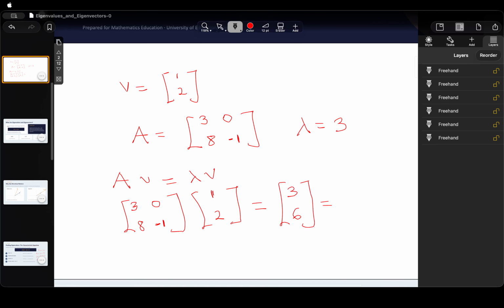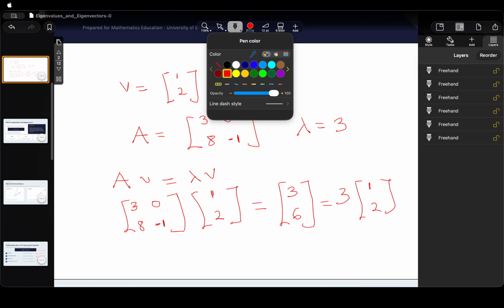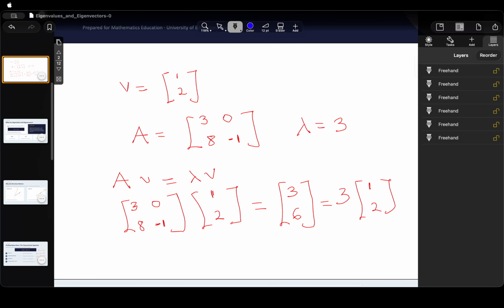And (3, 6) is 3 times (1, 2). So what do you notice? This is our V with the scalar 3. Geometrically, multiplication by A has stretched the vector by a factor of 3, which is what you have here.